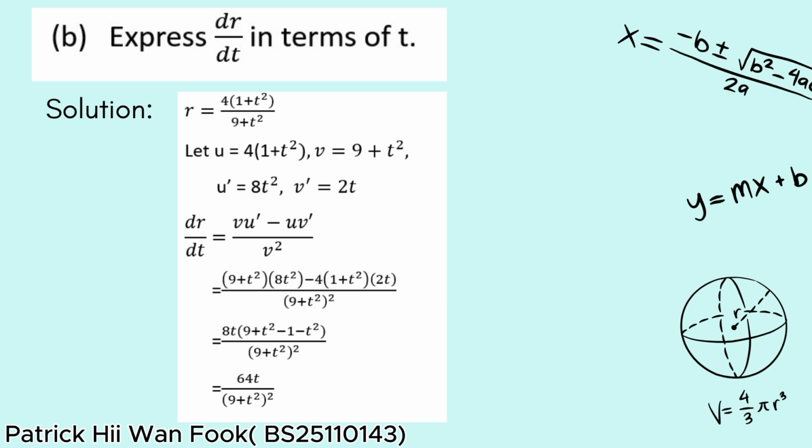We get u' equals 8t and v' equals 2t. Substituting this into the formula, we simplify step by step. After simplification, we obtain dr/dt equals 16t over (9 plus t squared) squared.